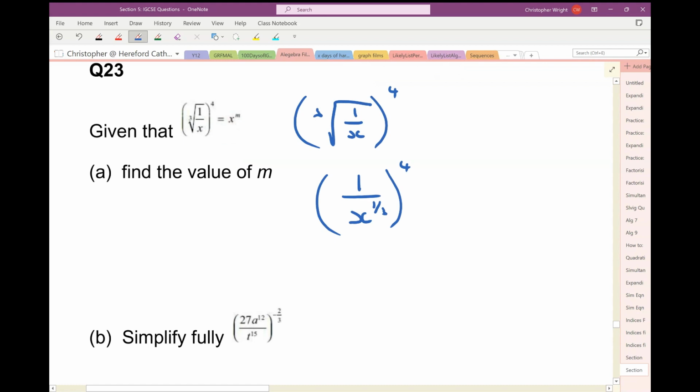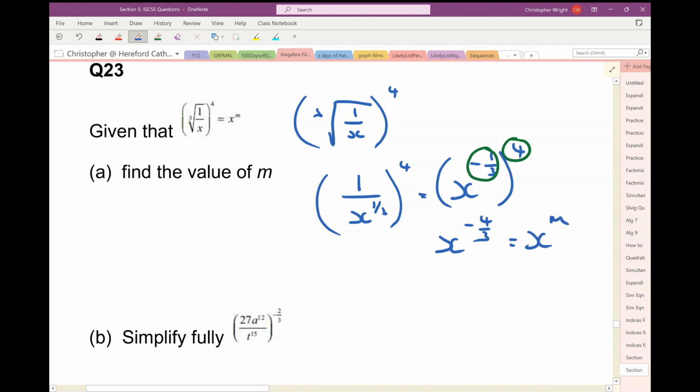So that is x to the power of minus a third being raised to the power of 4. So that is, remember your rules of indices, x to the power of minus 4 thirds, and that equals x to the power of m. So m equals minus 4 thirds.